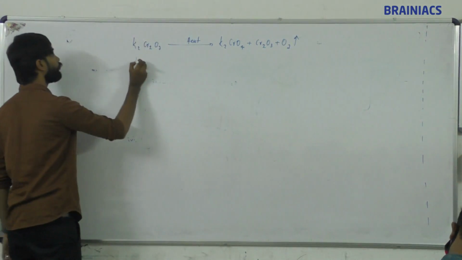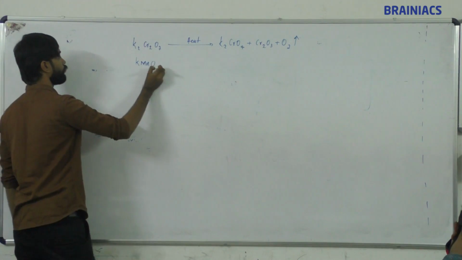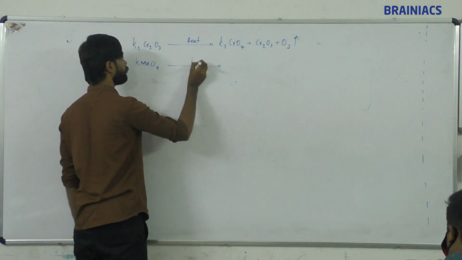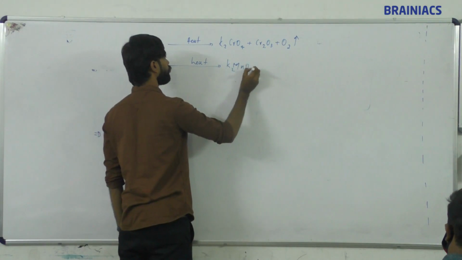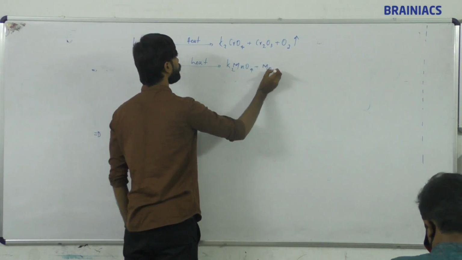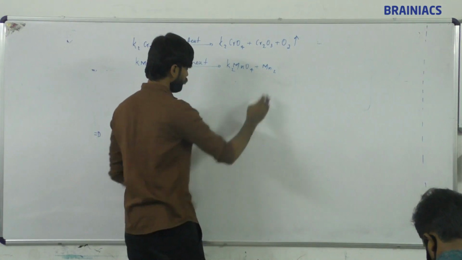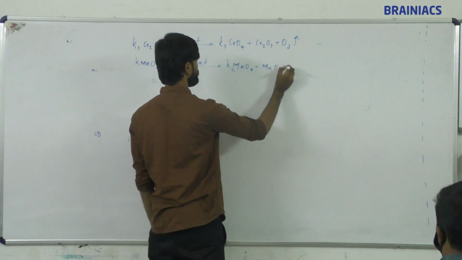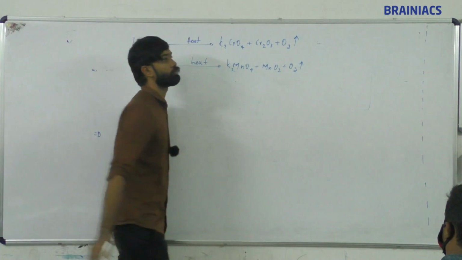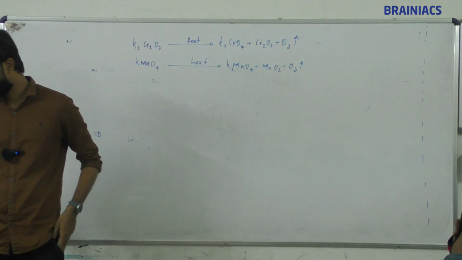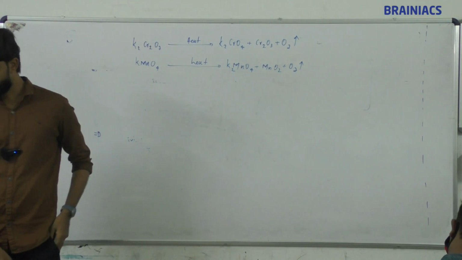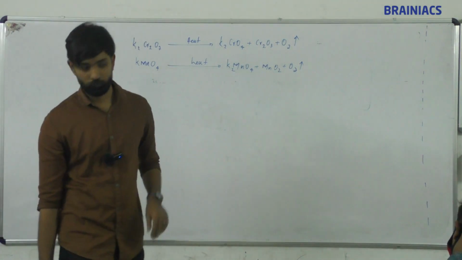Likewise, KMnO4 on heating gives K2MnO4 plus MnO2 plus oxygen. So both K2Cr2O7 and KMnO4 on heating may evolve oxygen. Okay, now fine.